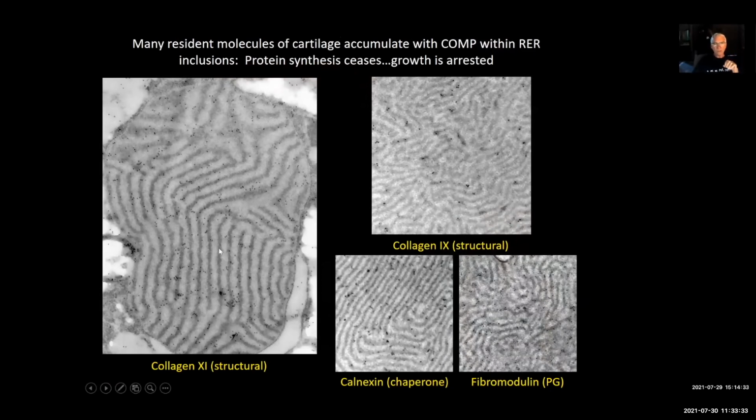So what happens in this situation is that the mutant COMP gets stuck. It can't be secreted from the RER. It accumulates there, but as it accumulates, it also binds together type 9, type 11, and the other structural macromolecules. So protein synthesis within these chondrocytes ceases and growth is arrested.